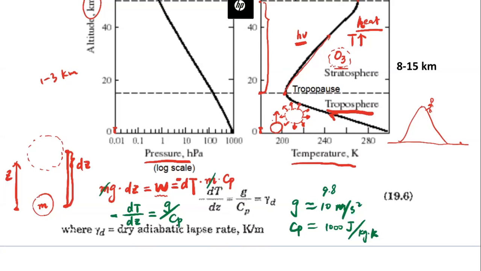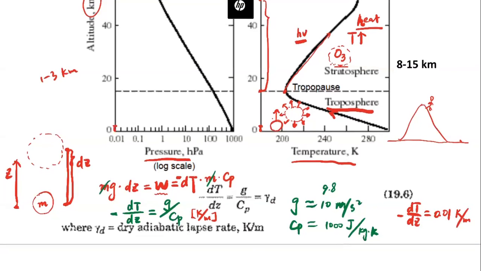With these two parameters, the unit for this term on the left-hand side is Kelvin per meter. If you plug in these values, we get minus dT/dz is going to be 0.01 Kelvin per meter.